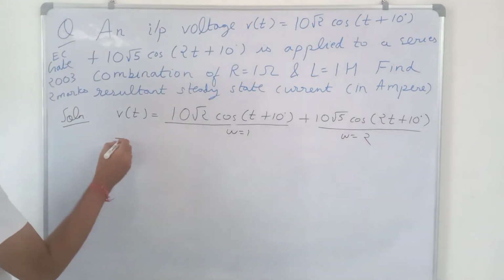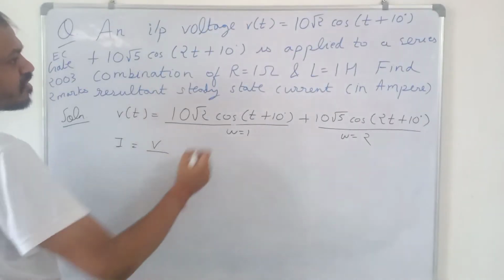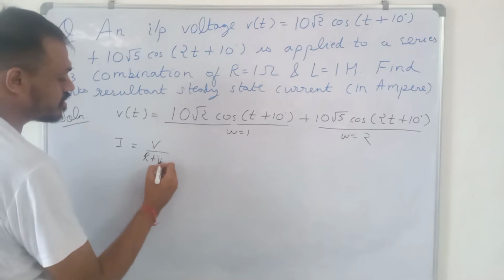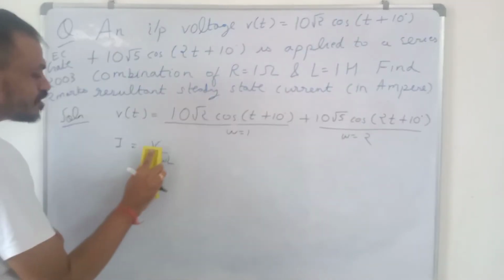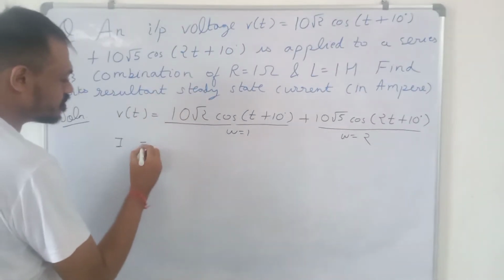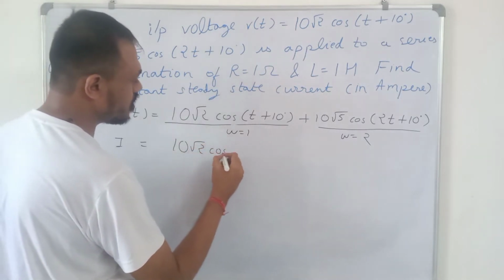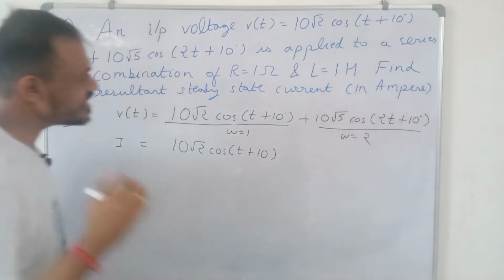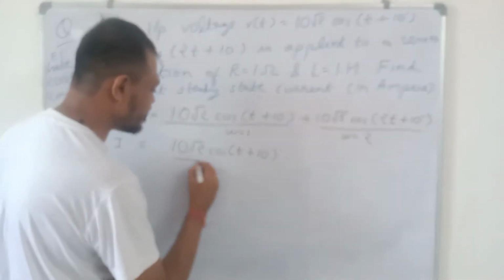Now current is given by voltage upon impedance, and impedance for a series RL circuit is R plus j omega L. So I will be equal to V upon R plus j omega L. So I will be equal to 10 root 2 cos of t plus 10 degree. And value of R is given as 1 and L is also given as 1, and for this omega is 1.